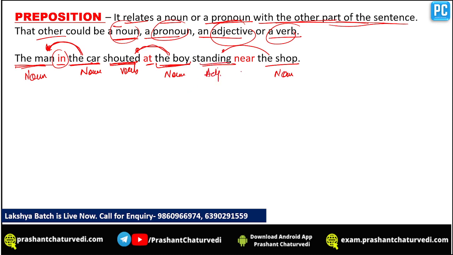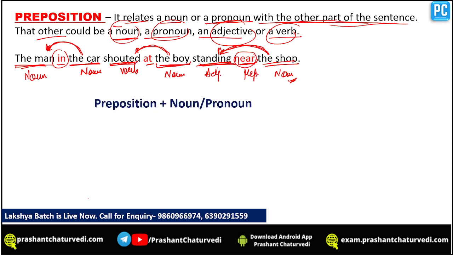It is an adjective. And here near is a preposition. So this preposition near relates the word shop with the word standing. The word shop is a noun, and this noun is related with standing after using this preposition near. Clear? So a preposition relates a noun or a pronoun with the other part of the sentence.